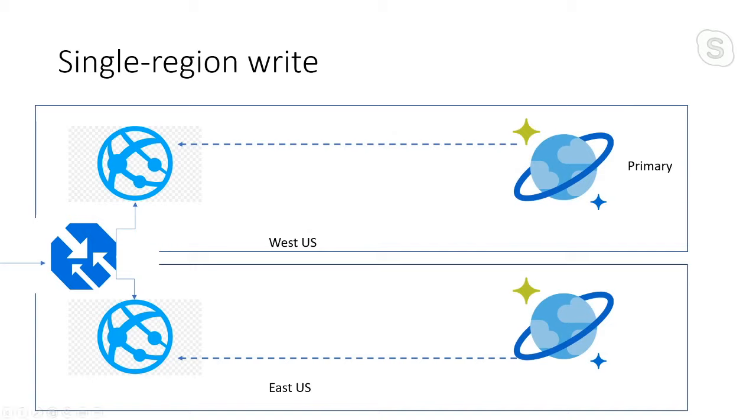So let's take this example. There is a traffic manager, as you can see to the left of the screen, and then I have my Azure App Service applications deployed in both regions, just to make sure that my customers in the US get to the nearest region for lower latencies.